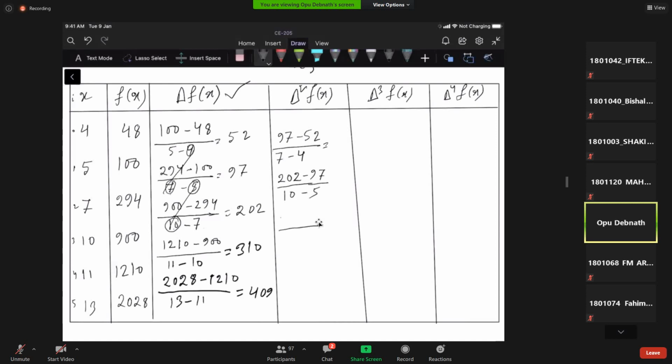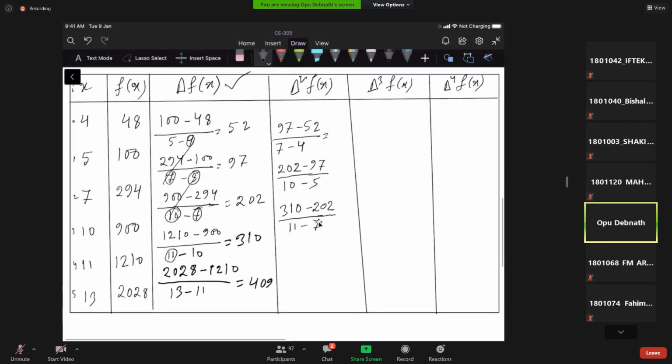Next one, 310 minus 202 divided by 11 minus 7. And the last one, 409 minus 310, with 11 minus 10, and then 13 minus 11, so you always get the second one and first one.